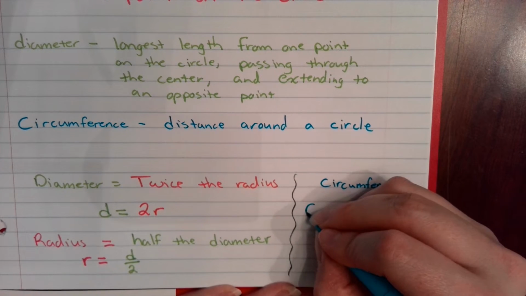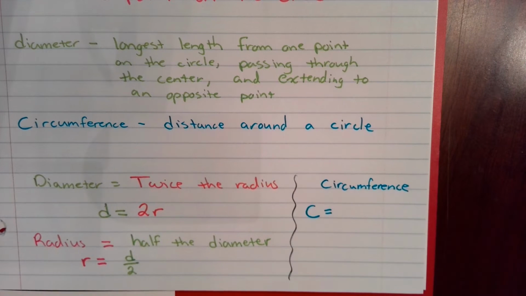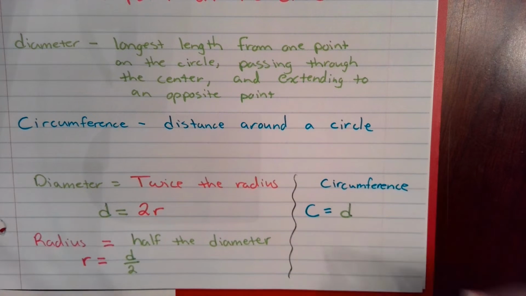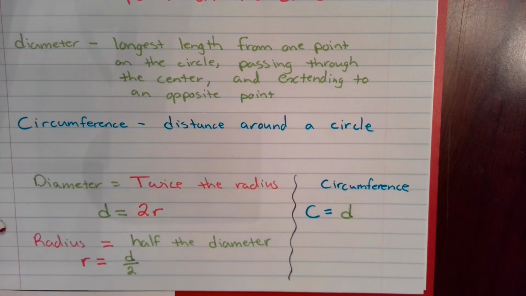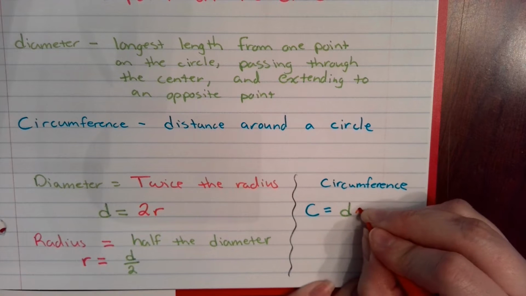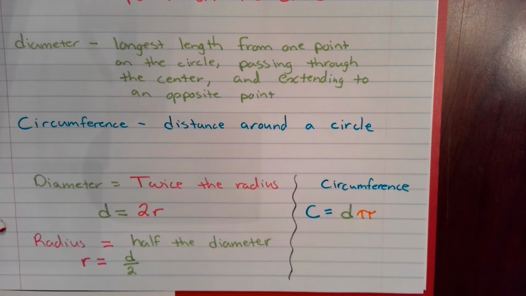So circumference, we're going to label it C. In order to find the circumference, you need to take the diameter's measurement and you're going to multiply it by a value that we label pi. So in case you guys don't know, pi is this little symbol that's 2 lines and it's got like a squiggly line on top of it.